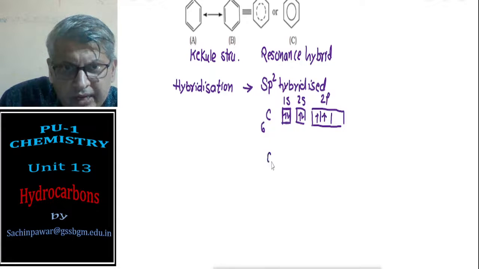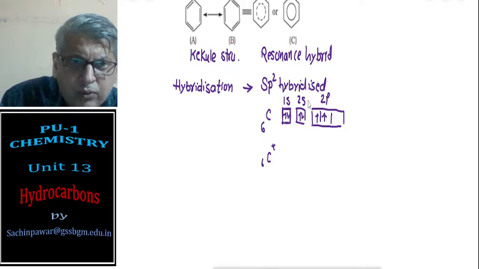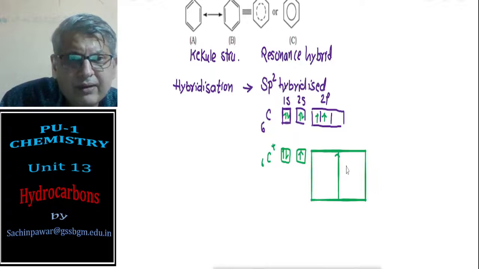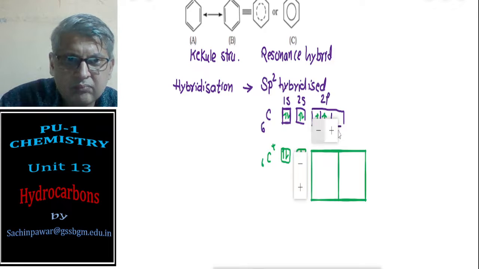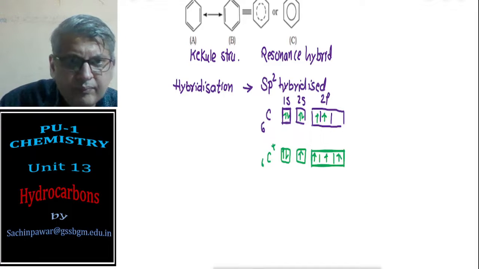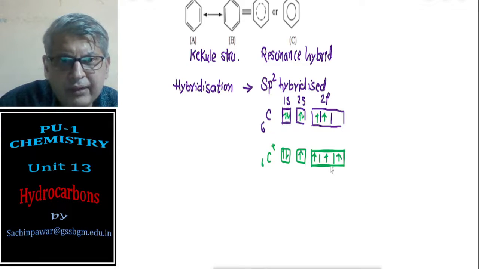The excited state configuration would be one electron from 2s jumps to 2p, and the configuration would be 1s2, 2s1, 2px1, 2py1, 2pz1.